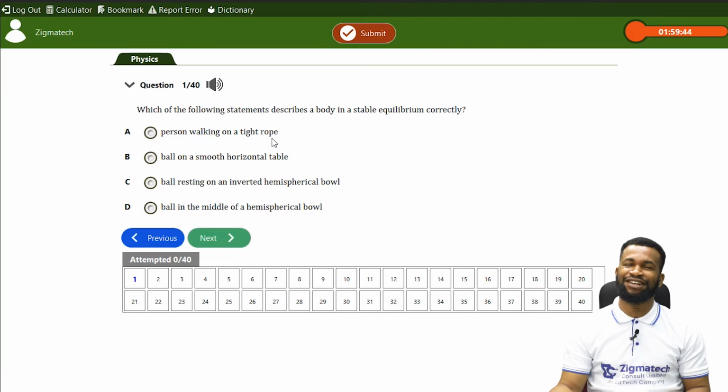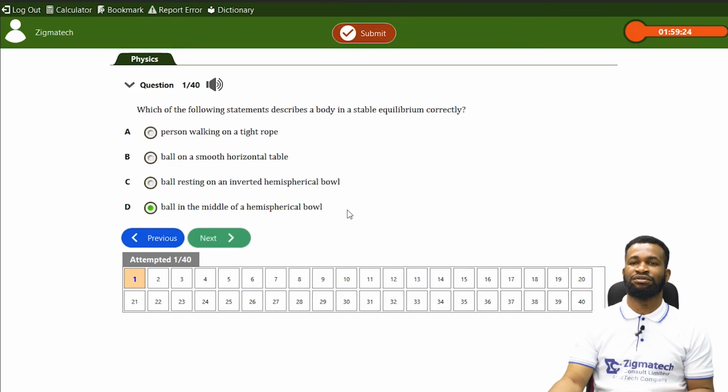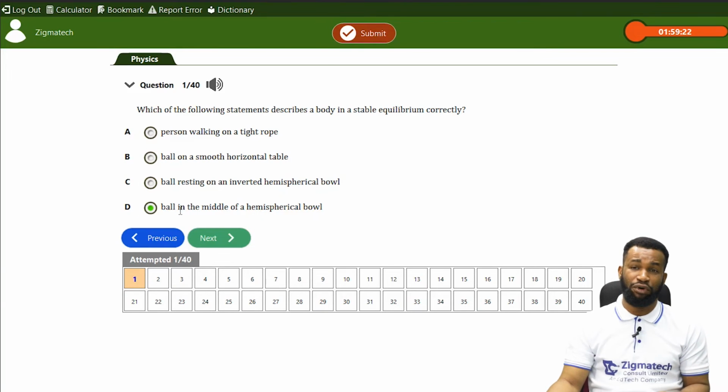Did we see that kind of example? Some of these options are very funny. Never. Option B, a ball on a smooth horizontal table. No, we saw that example, but it's not part of it. Option C, a ball resting on an inverted hemispherical bowl. Option D, a ball in the middle of a hemispherical bowl. Option D is the right option.